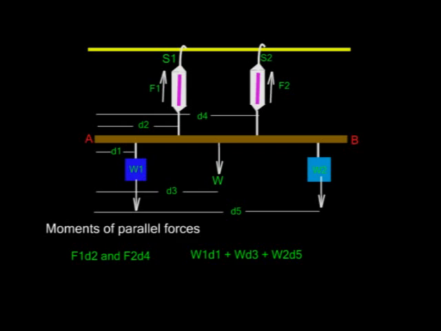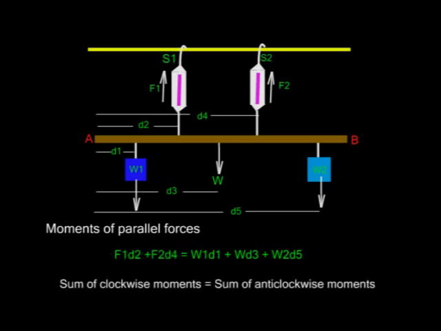It can be shown that the sum of clockwise moments is equal to the sum of anti-clockwise moments. That is, the algebraic sum of the moments of parallel forces is 0.